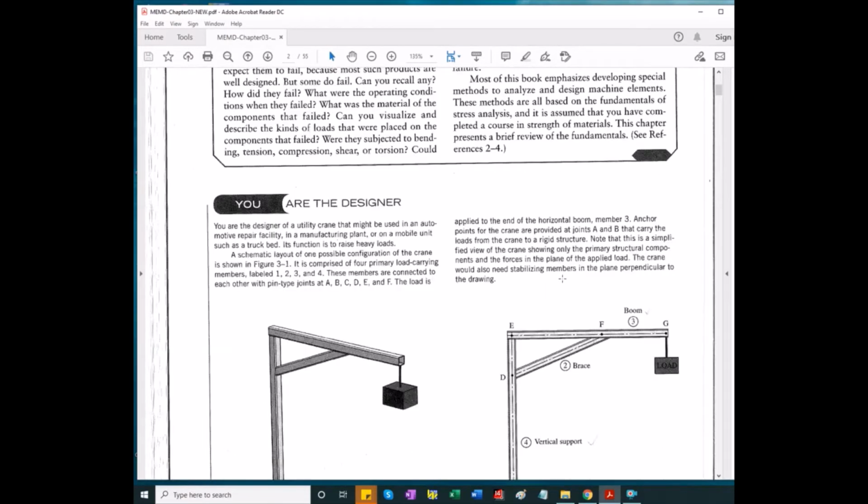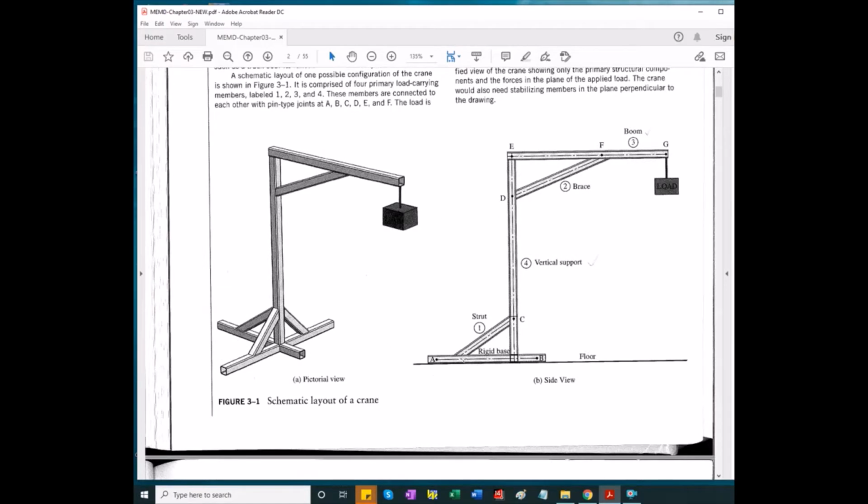There are a number of sample problems. We looked very briefly at this one. So loading for this crane happens in the vertical plane, and we assume the base to be fixed to the ground, and we're interested in stresses in the various elements. We recognize that strut 1 and brace 2 are two-force members.